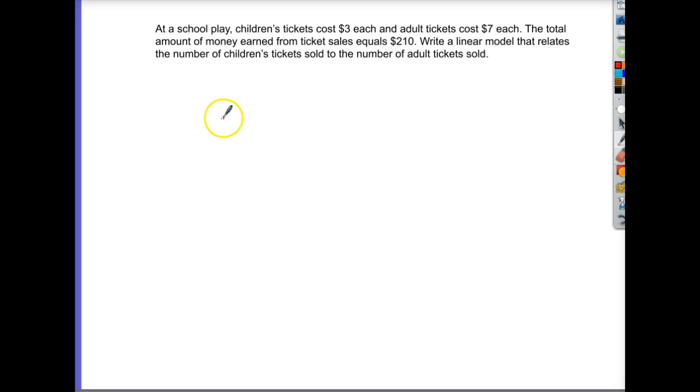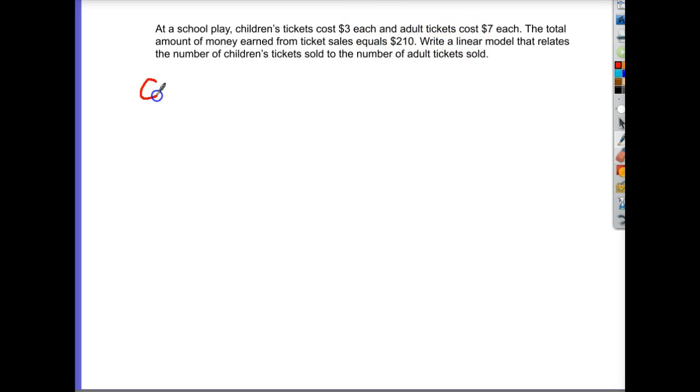Okay, so we have children's tickets, adult tickets. They sum up to $210. So what is going to be changing? Is my final profit going to change? No, I know it's $210, so that's not a variable. Variables vary, they change. Children's tickets, adult tickets, those will be changing.